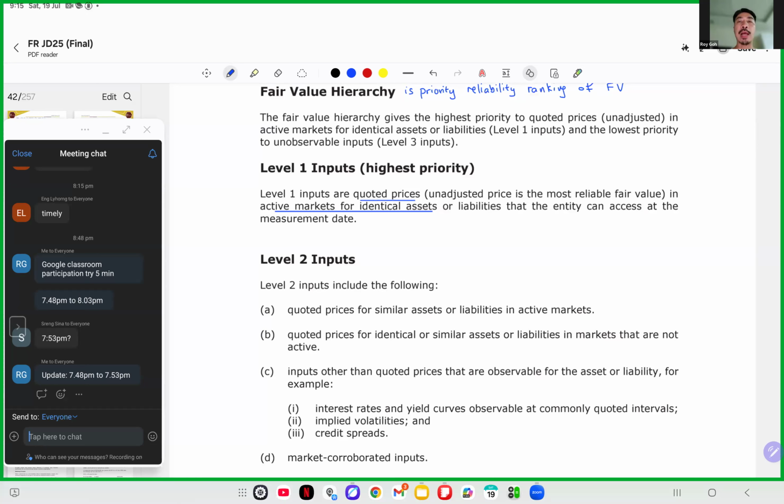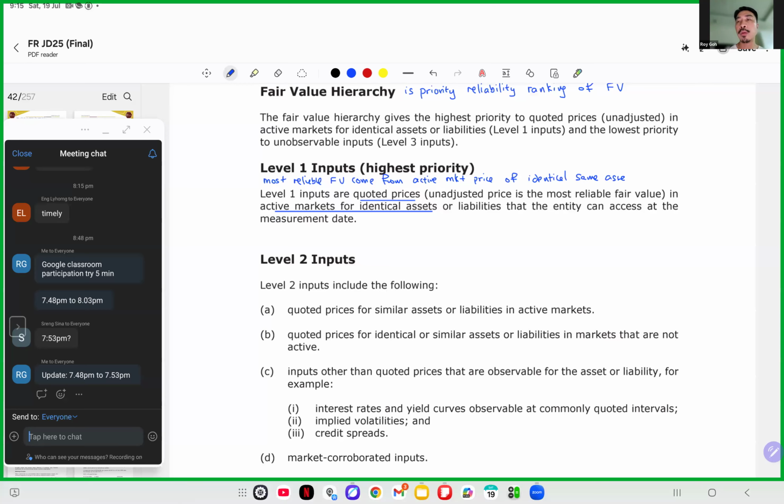This is the most reliable. The most reliable fair value comes from the active market price of the identical, exactly the same asset.